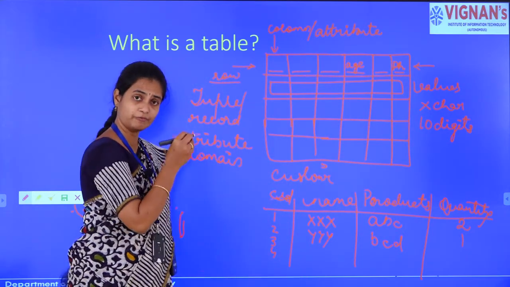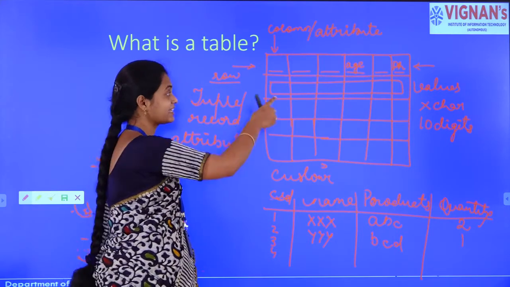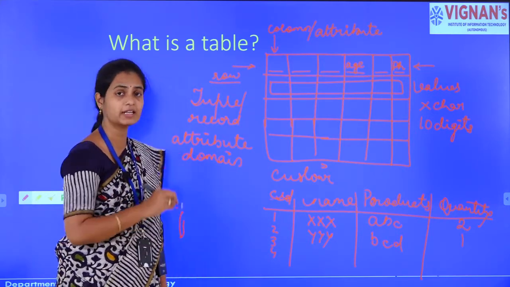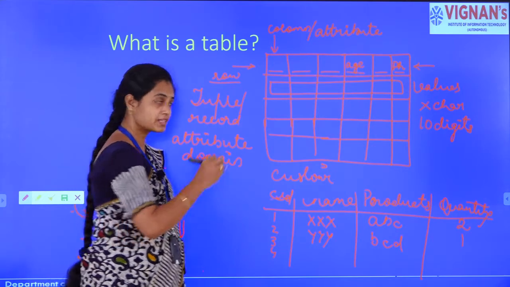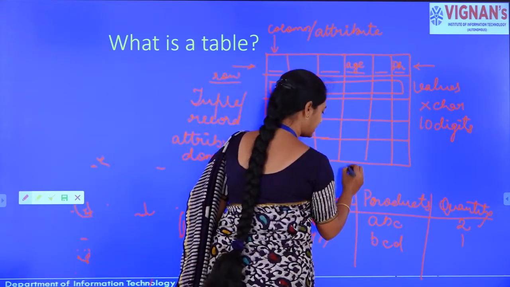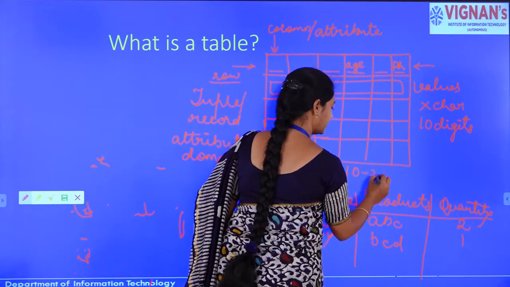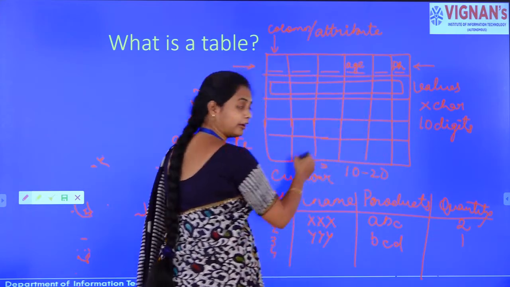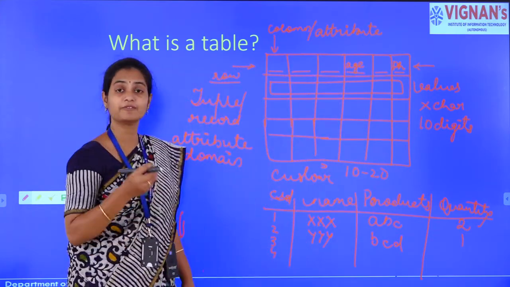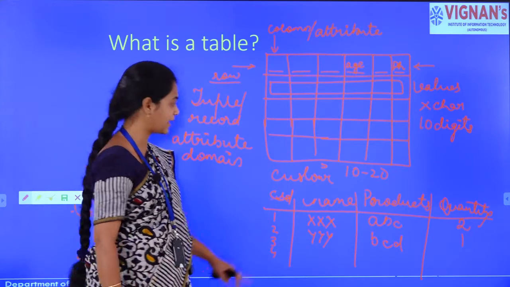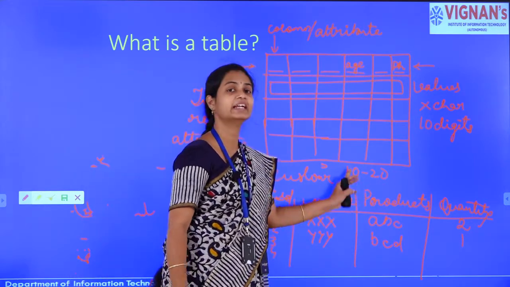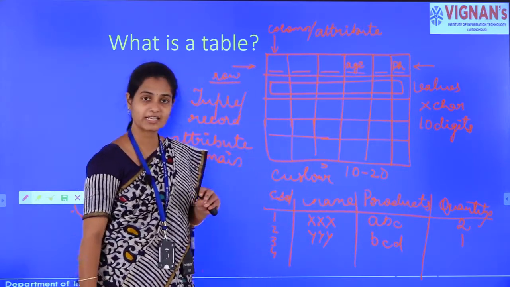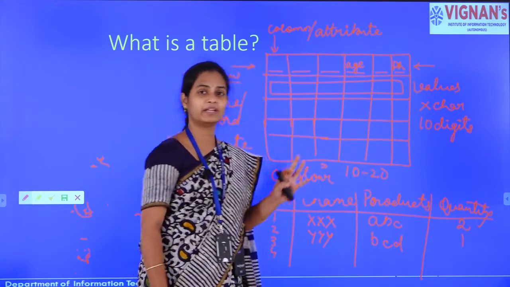Or else we will move to one more example, age. When we have mentioned age as an attribute for a person, what could it be here? This age can be between 10 and 20, meaning the age attribute will accept only those values that fall between 10 and 20, right.